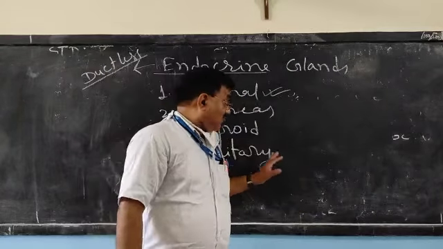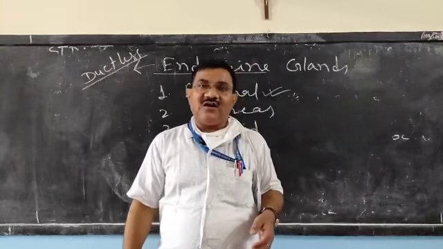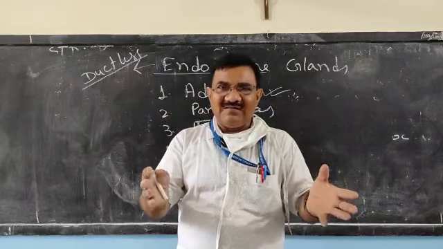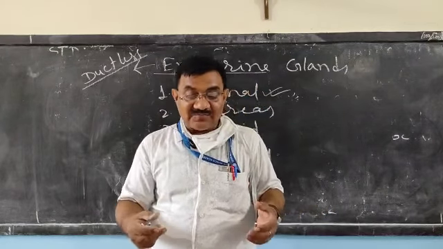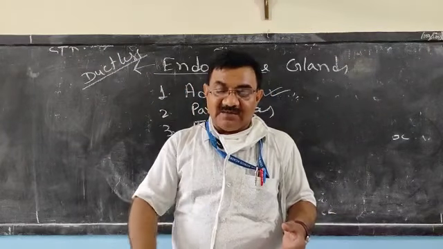In adults, if there is oversecretion of growth hormone, a condition called acromegaly takes place. Face bones come out, the nose develops, and lips become thick.